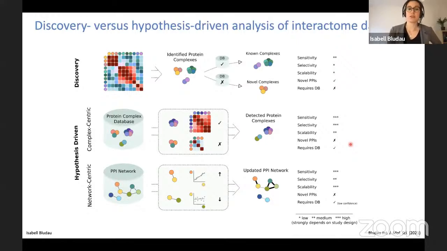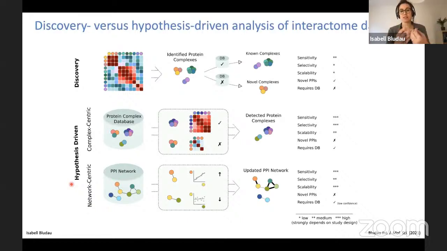A third approach that is also under the hypothesis-driven strategy is the network-centric idea. Here, instead of using a protein complex database, we can just use a protein-protein interaction, or PPI, network. Here we don't look at an entire complex module at a time, but really just at single protein-protein interactions to see if we find support for this interaction in our data by a positive correlation across our data set.